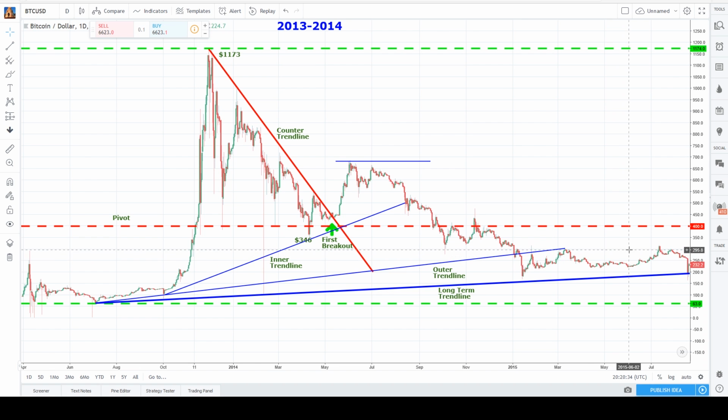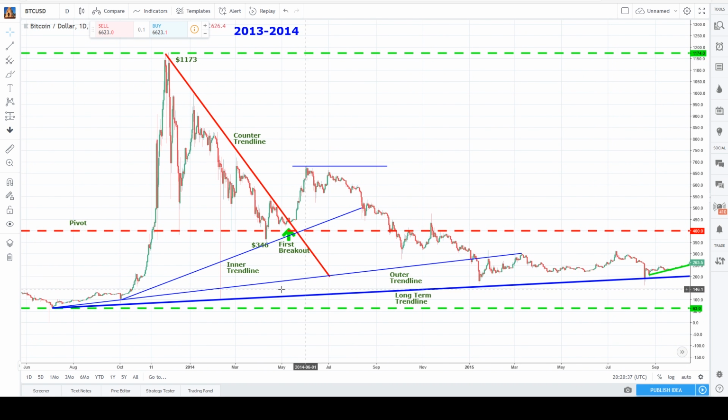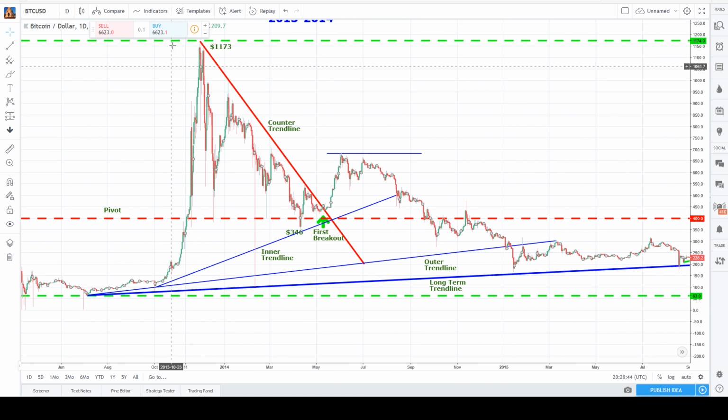Slowly but surely the price recovered, staying above the long-term trend line, meaning that although we were in a short-term bearish market, it was indeed a bullish market. And that's what I want you to understand today. Yes, if you were here, you would cry desperately that we are in a bearish market and Bitcoin was going to crash, or here, or here.